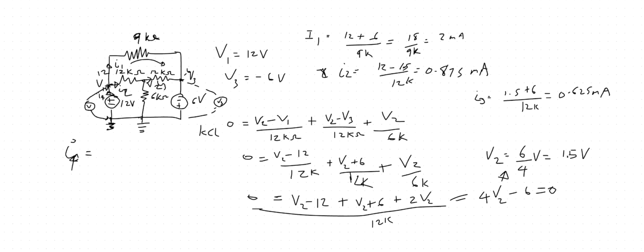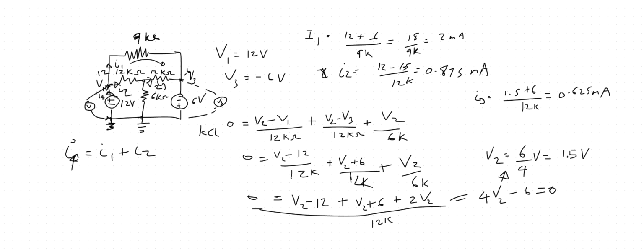What's the current? I1 plus this current, I2. These two currents add up together to give you the current here. Makes sense, right? What is I1?